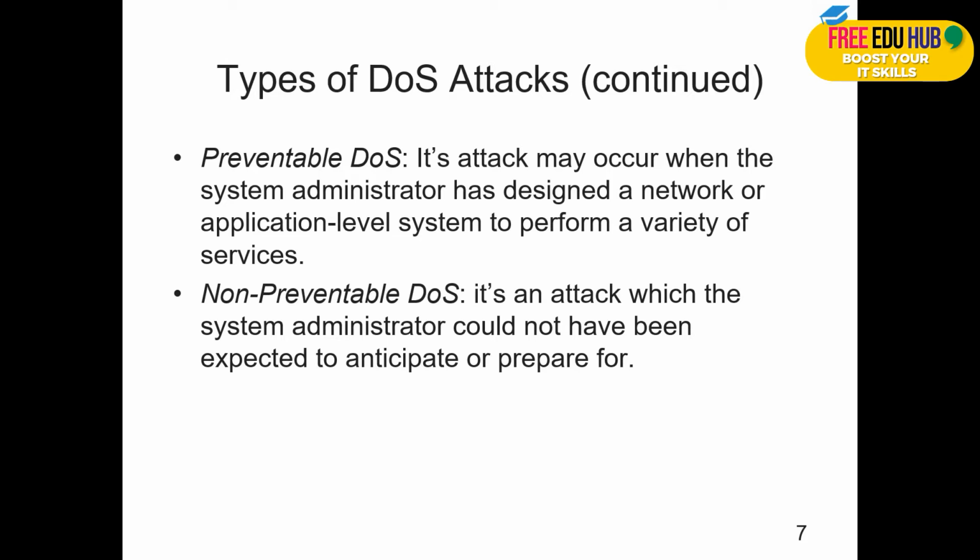Now, non-preventable DoS attacks are attacks which the system administrator could not have expected, anticipated or prepared for. So it wasn't in their mind that any kind of attack similar to this one would come. For that, they have no option. For example, any kind of known vulnerabilities or recently identified vulnerabilities.